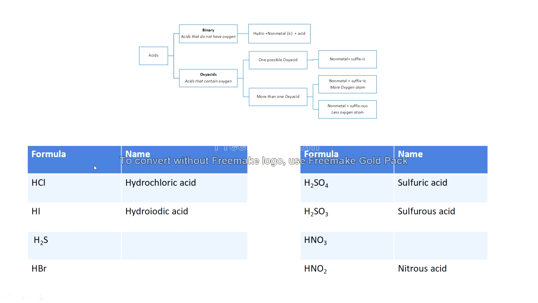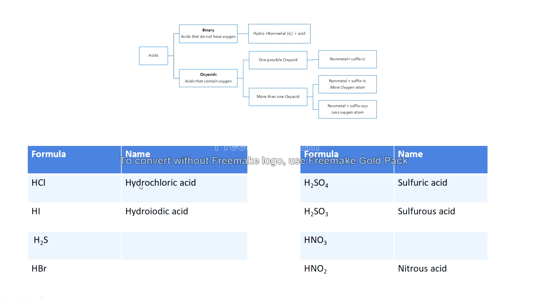Let's quickly check. We have HCl. Is that a binary acid or an oxyacid? Yes, that is a binary acid. Why? Because there is no oxygen atom. According to that schedule, we have hydro, and then the name of the non-metal ending with IC.